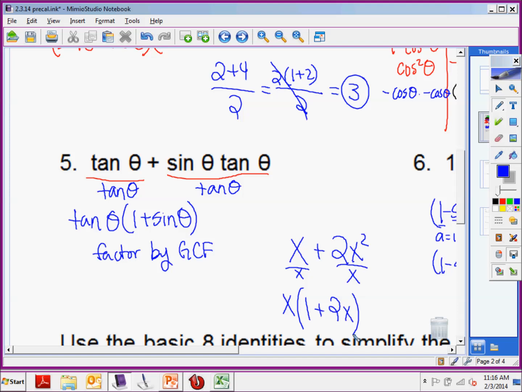How do you know when you're done factoring? You're done factoring when there's nothing else you can pull apart, nothing else you can use difference of squares with, nothing else you can do with greatest common factor.